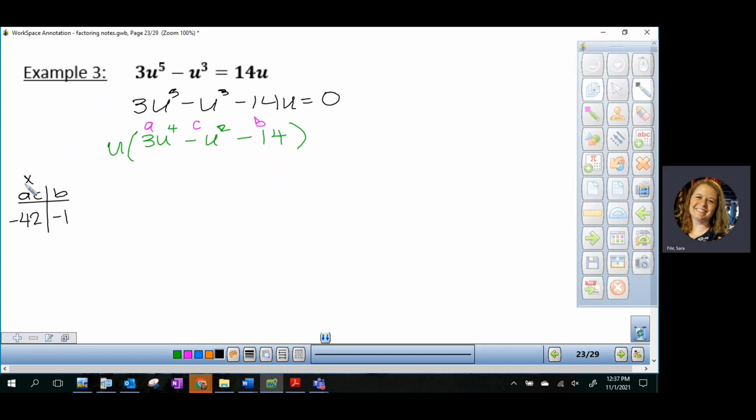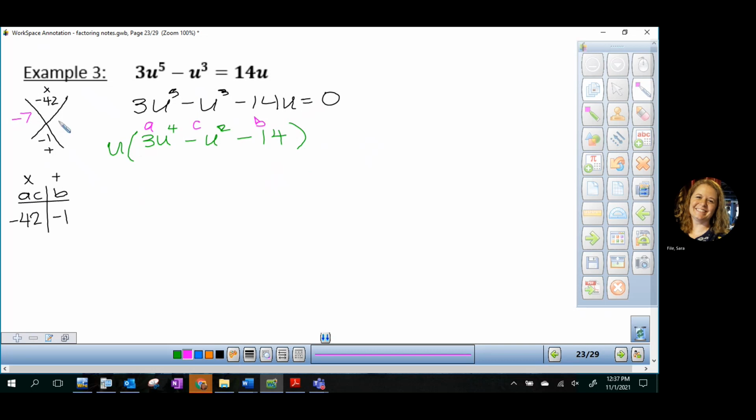What multiplies to -42, but adds to -1? And if you prefer to do the x like this, that's fine too. Does anybody know what it comes out to? 7 times 6 is 42. We need the 7 to be the negative if we want it to come out to -1 when we add it.